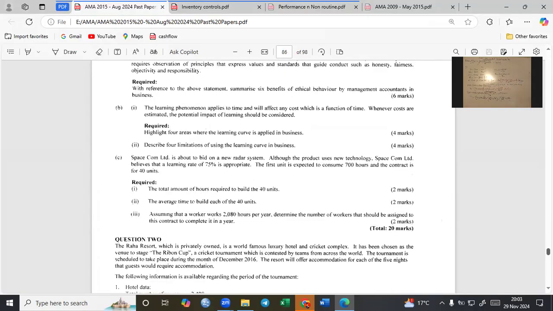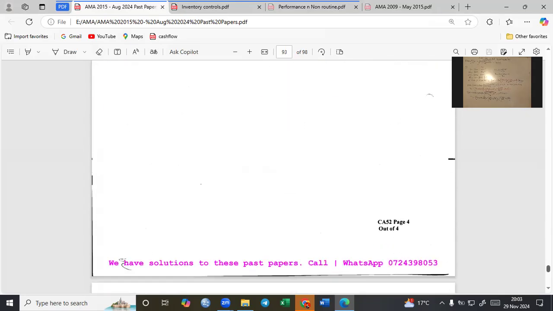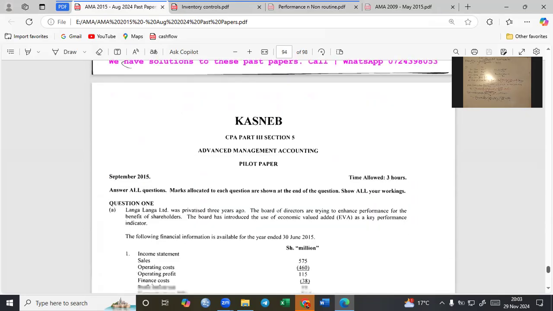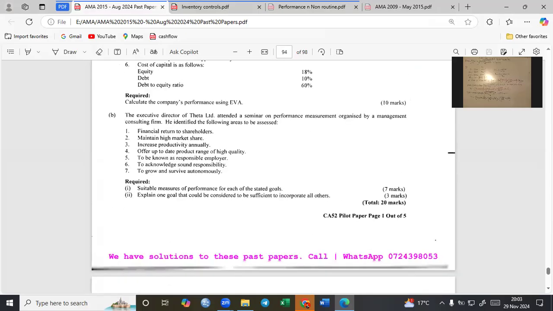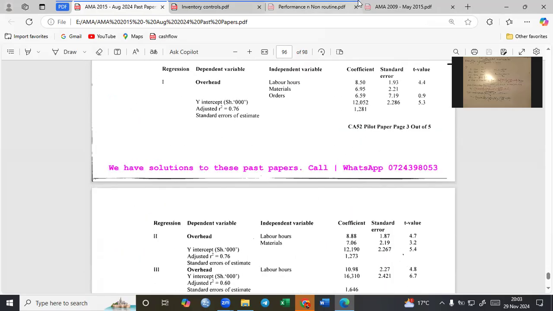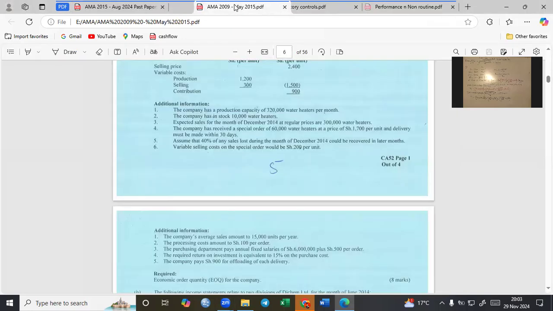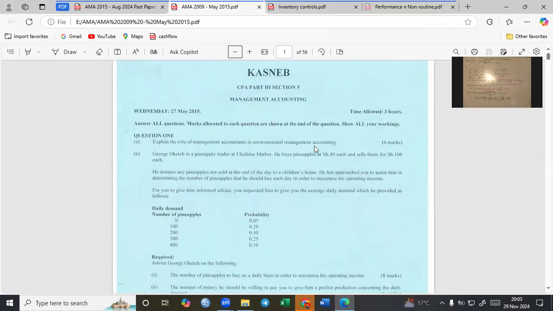Hii ni ya which sitting? Hii ni September. Ya May 2015 iko kweli hapa? Iko kwa hiyo paper nyingine. Kumbe iko hapa May 2015 question number 5A.